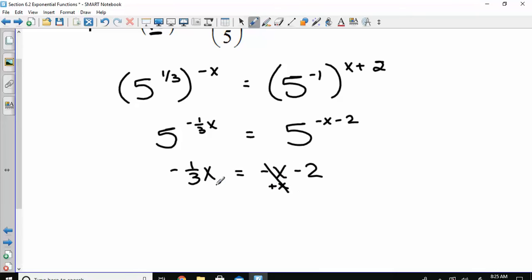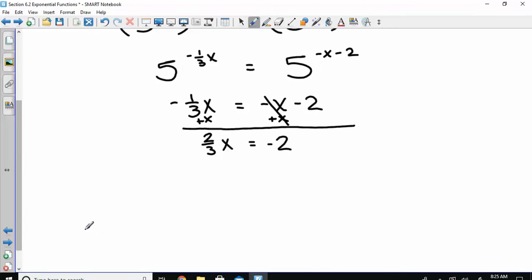Add my x over. -1/3 plus 1 would be a 2/3 x equals -2. You can divide by 2/3 or multiply by the reciprocal.